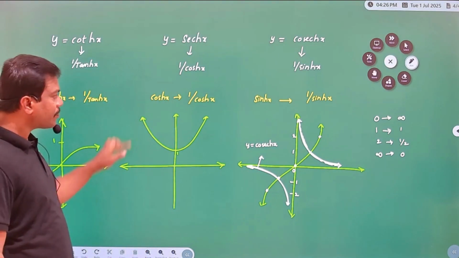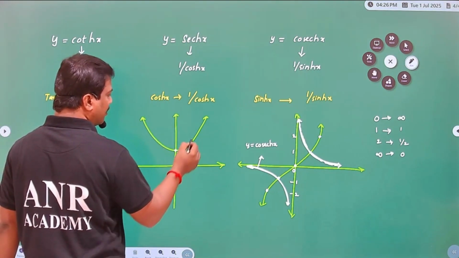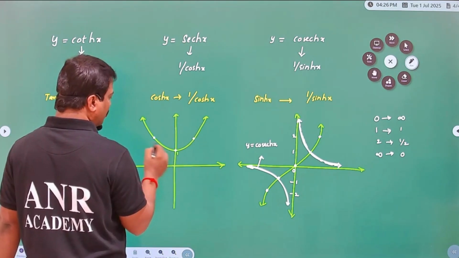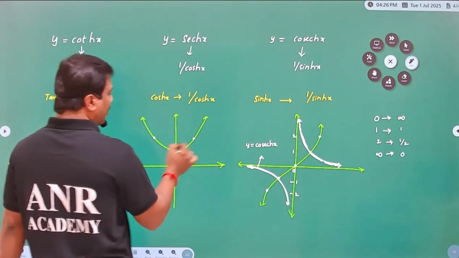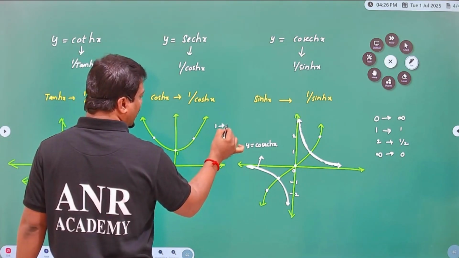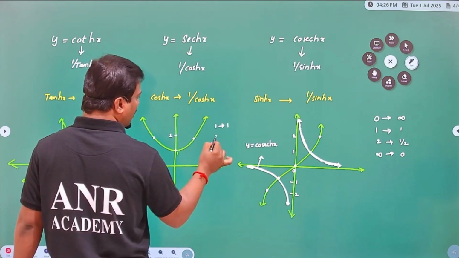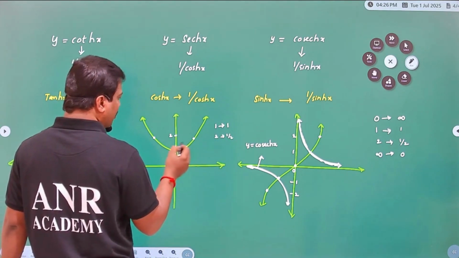Next, cos hx minimum value 1, suppose that is 2, both the sides we get 2, and then approaches infinity. Now reciprocals: reciprocal of 1 is 1, here there is 2, reciprocal of 2 is 1 by 2, and approaches infinity, the graph.